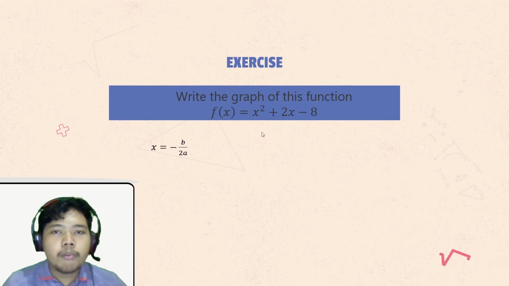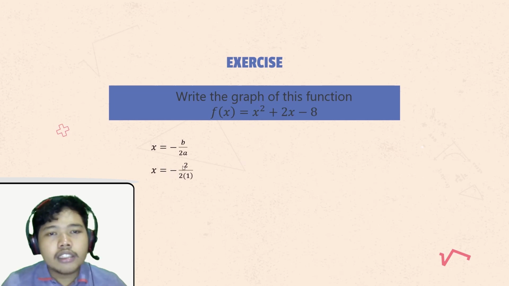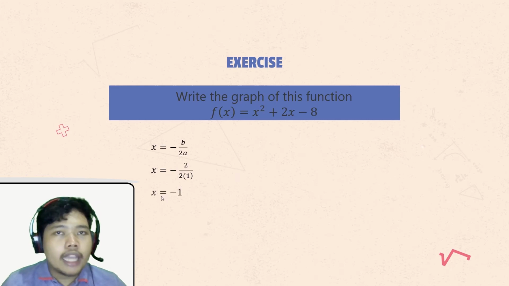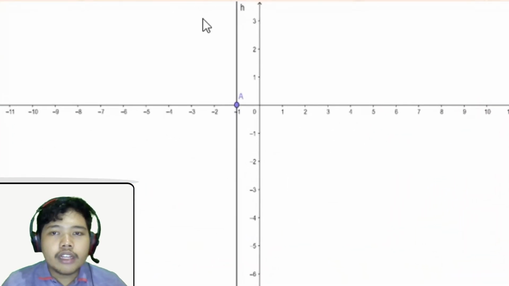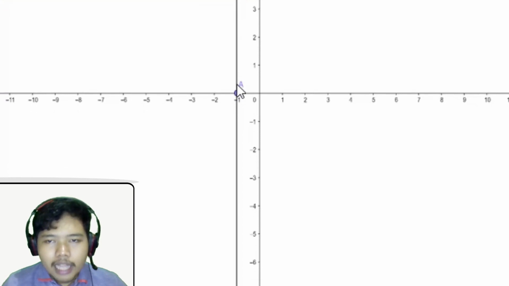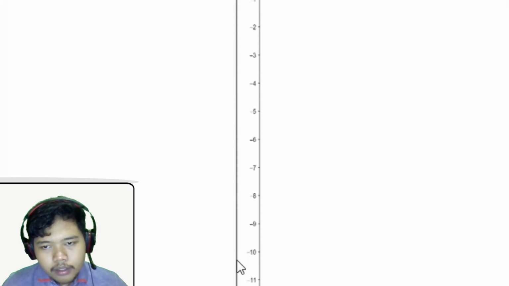Now, we know b is equal to 2 and a is equal to 1. So, x is equal to minus 2 per 2 times 1, right? And then we will get x is equal to minus 1. So, the axis of symmetry will be on this line. Okay?